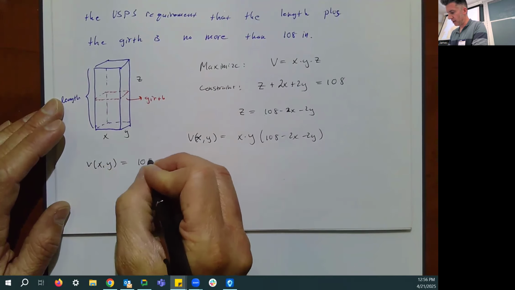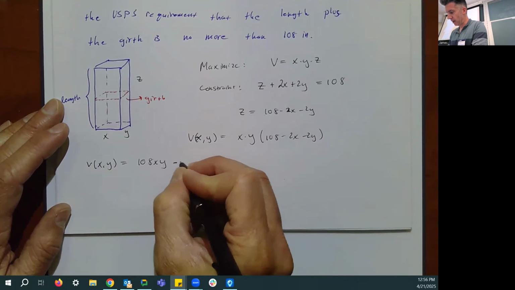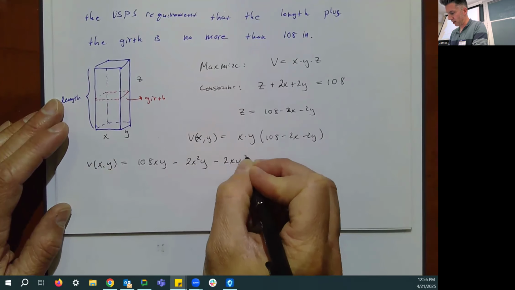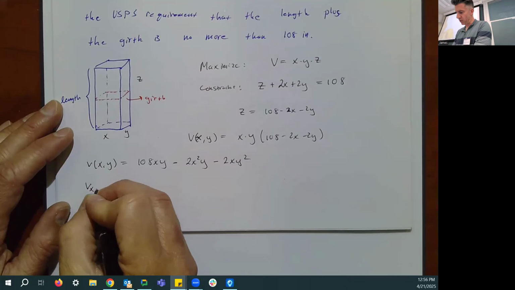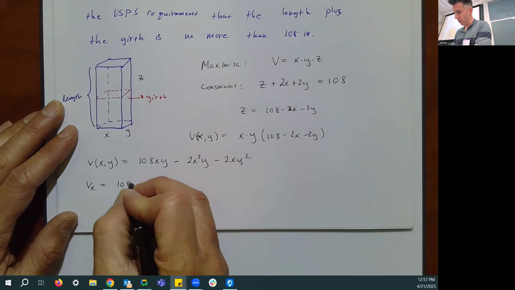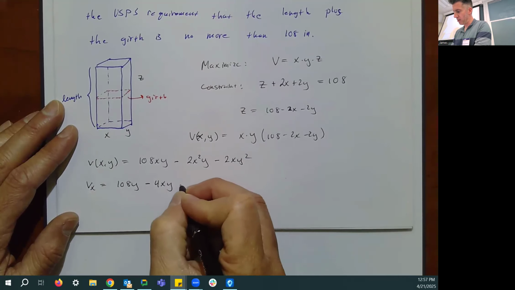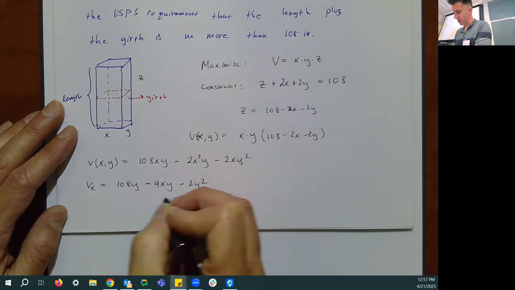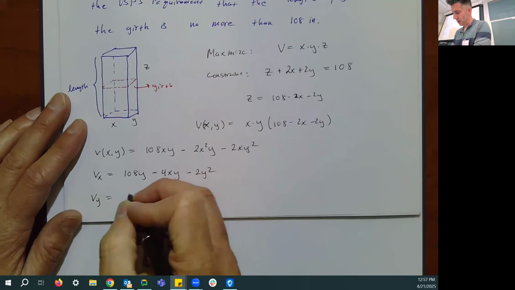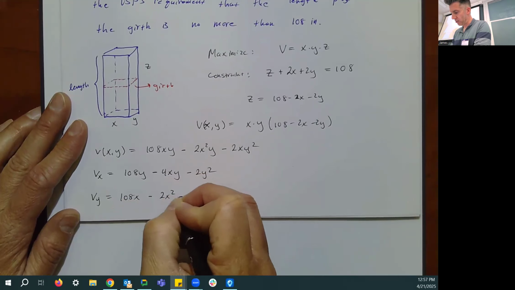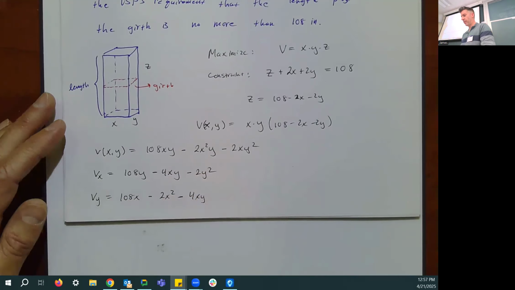So we're going to get 108xy minus 2x squared y minus 2xy squared. My x partial is 108y minus 4xy minus 2y squared. My y partial is 108x minus 2x squared minus 4xy.